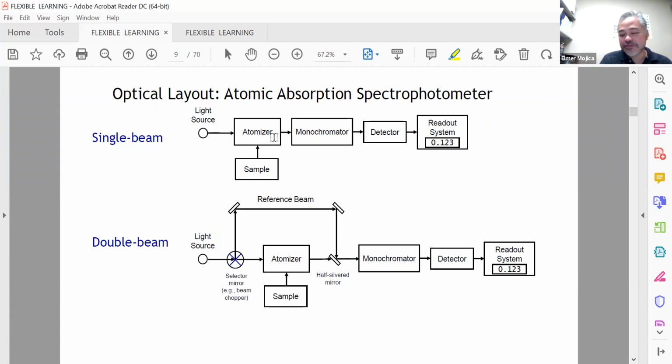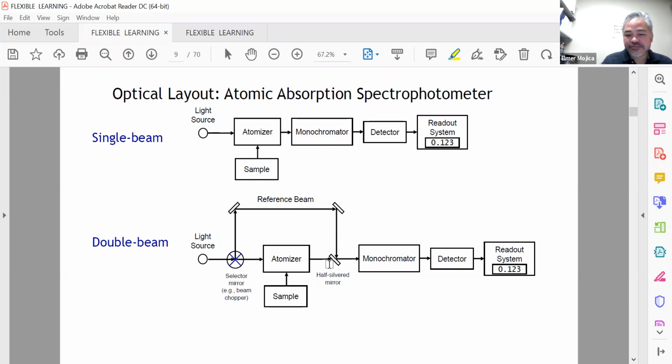You will know about that when we go into the AAS. And then there's a light source. Usually this is just a flame. It will burn the sample. And then there's a monochromator, which selects the wavelength for you to monitor a certain, let's say, metal, and then a detector, and then a readout system.